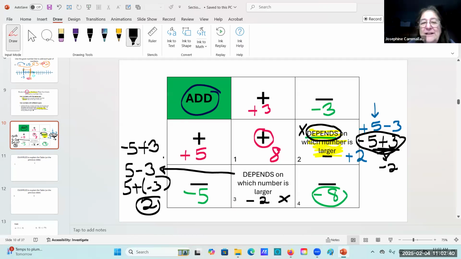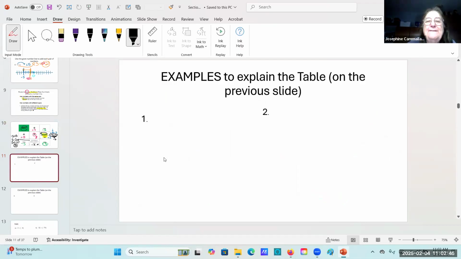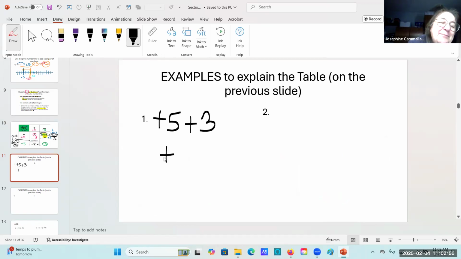When you add, and let me give it to you more clear. Example 1, positive 5 plus positive 3 is a positive 8. That's what it's saying.